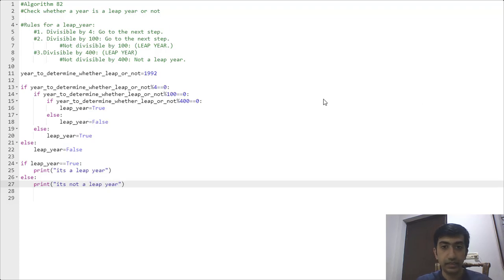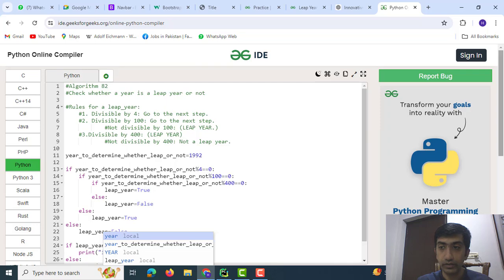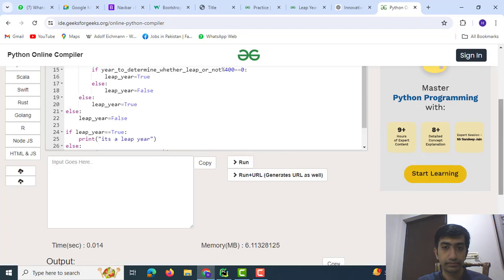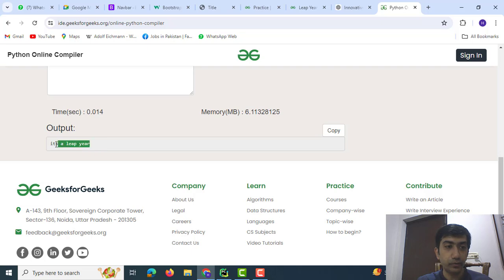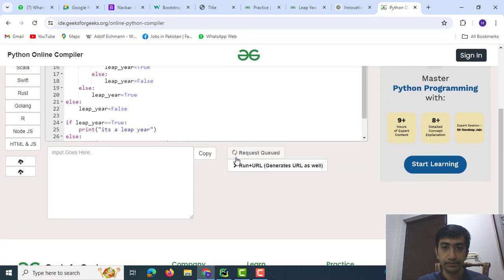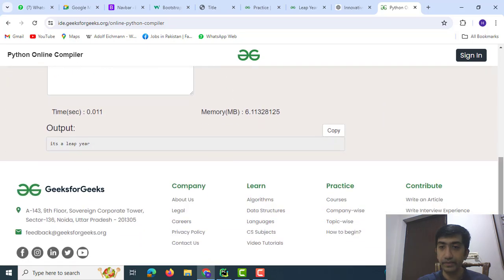Now let's show the results for the year 1992. So 1992 is a leap year. Now if I change the year to, for example, 1996, it's a leap year.